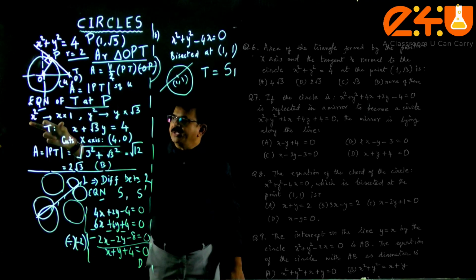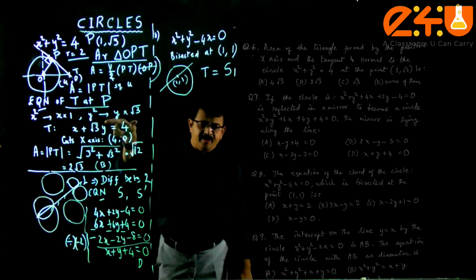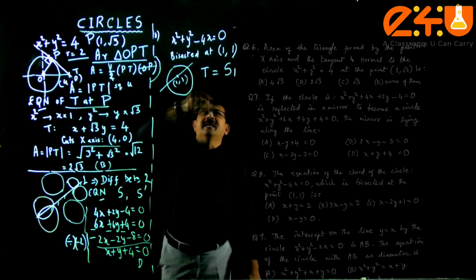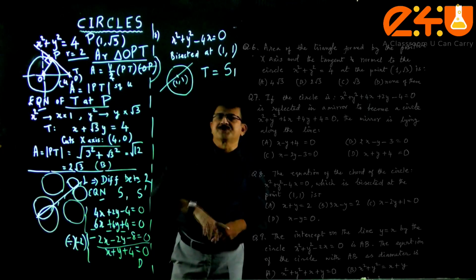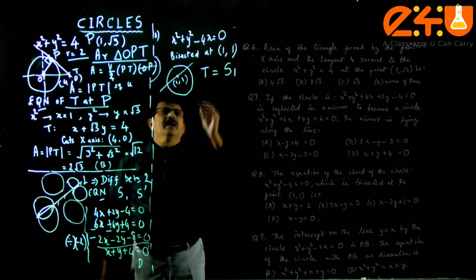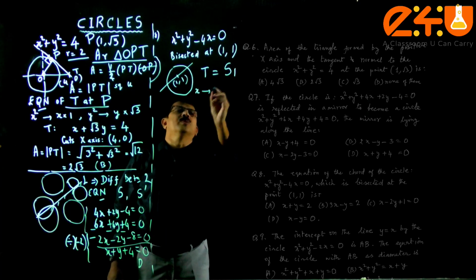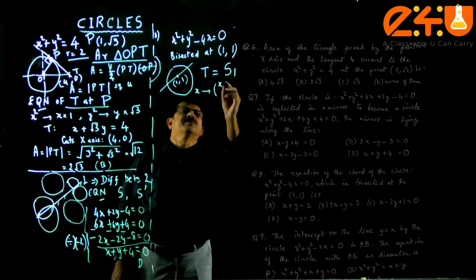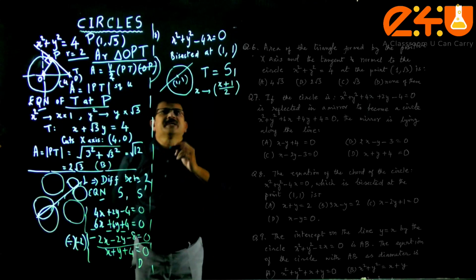X square is replaced with xx1, y squared replaced with yy1. There is an x term also here, the x term to be replaced with x plus x1 by 2. Let's do that.